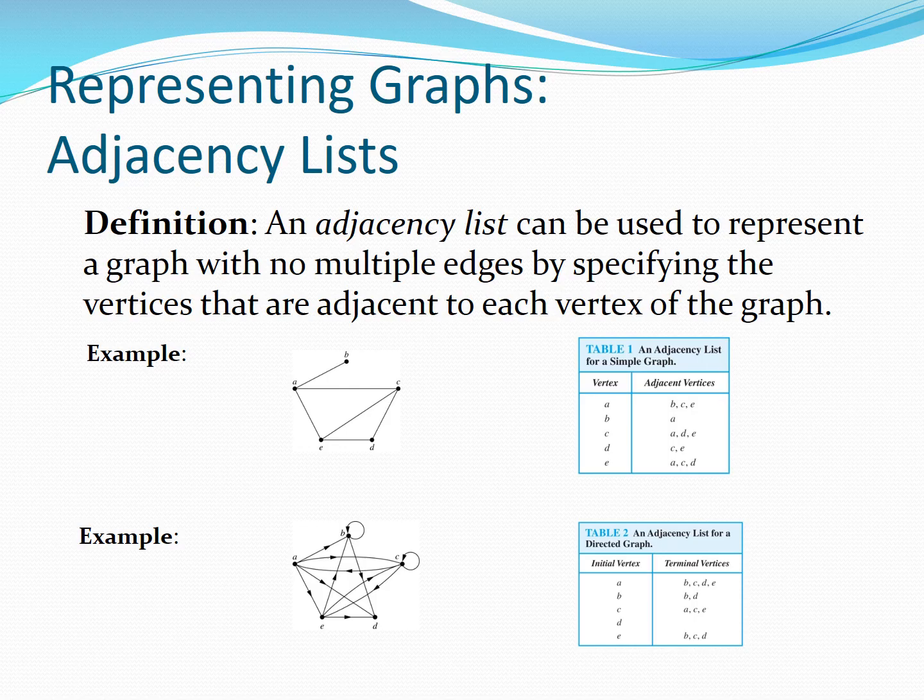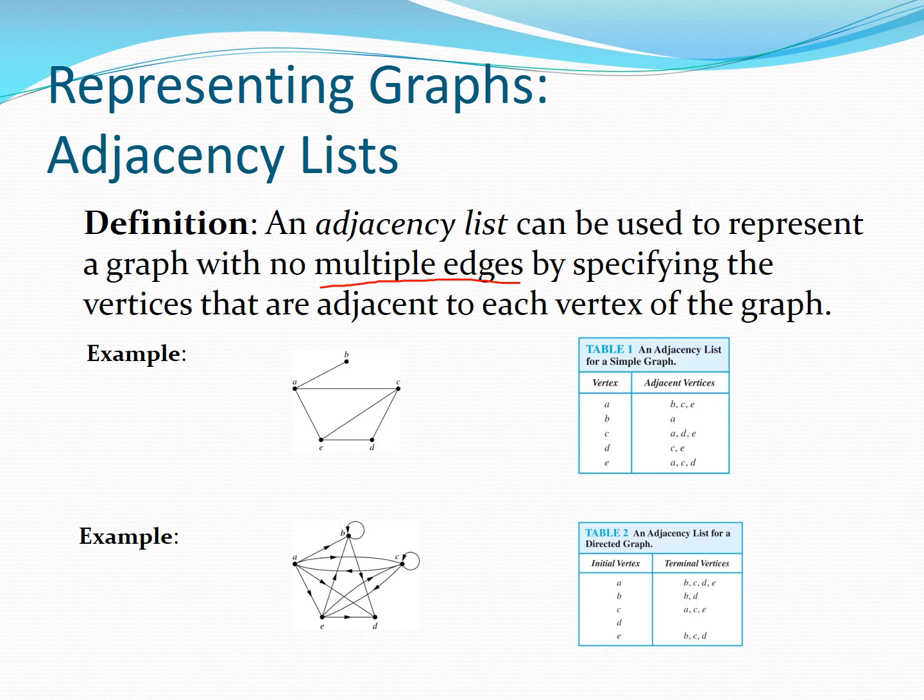The point to be noted here is that you cannot represent a graph with multiple edges. You can only represent graphs which do not have multiple edges running between two vertices using an adjacency list.